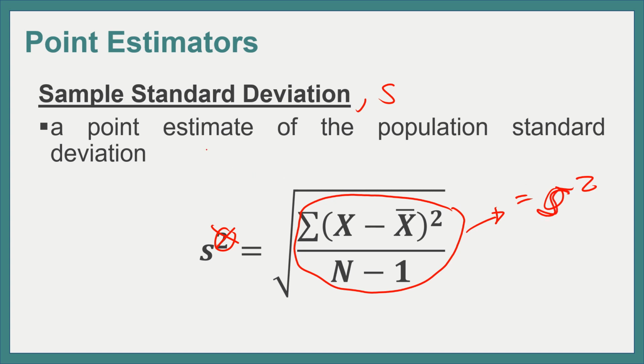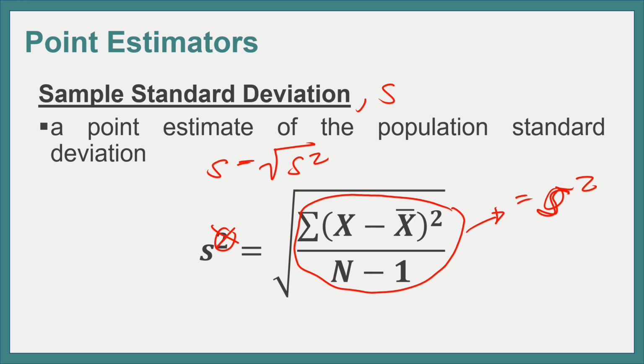So therefore, the sample standard deviation is equal to the square root of our sample variance. So if the sample variance is given, it is easier to solve for the sample standard deviation. If the sample variance is not given, then you can solve for the variance, then solve for the sample standard deviation by getting the square root of the variance.